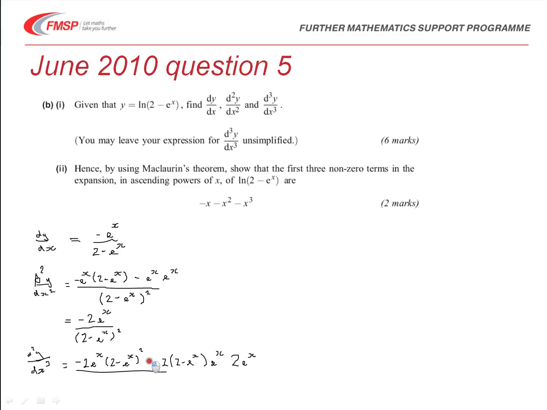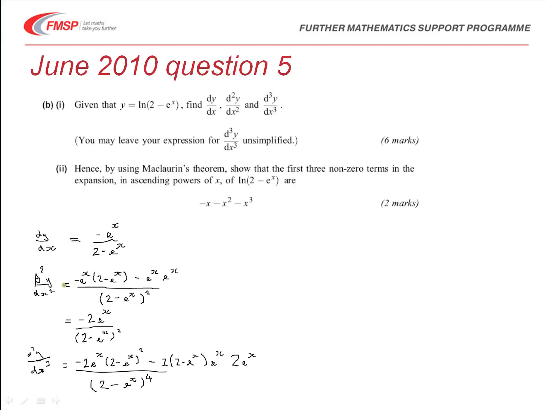So overall the whole thing will be negative. And the bottom is then squared again, so we now get 2 minus e to the x to the power of 4. And you note it says you can leave it unsimplified, so that answer will do just fine at that point.